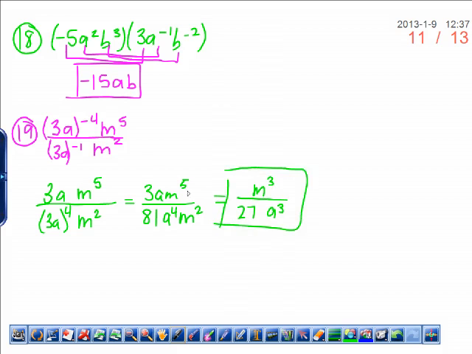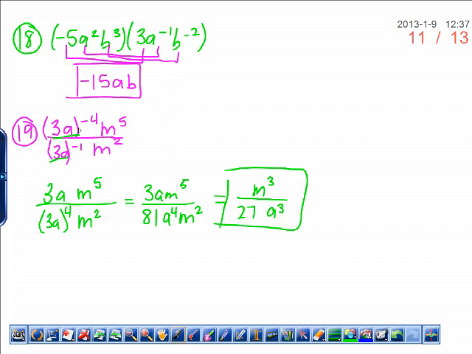The other interesting part about this problem is that our bases are the same here with 3a and 3a. So you could also reduce the 3a itself first and have it become 3a cubed in the denominator and go that way. That would work too.